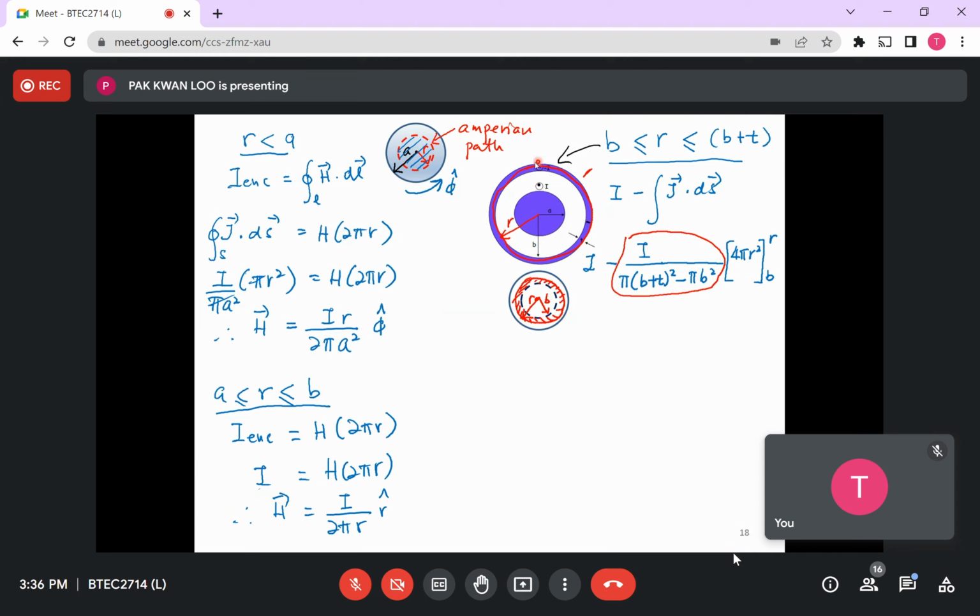The current density is the current divided by the entire area of the thickness, so this is pi (B plus T) squared minus pi B squared. Does this make sense to you?